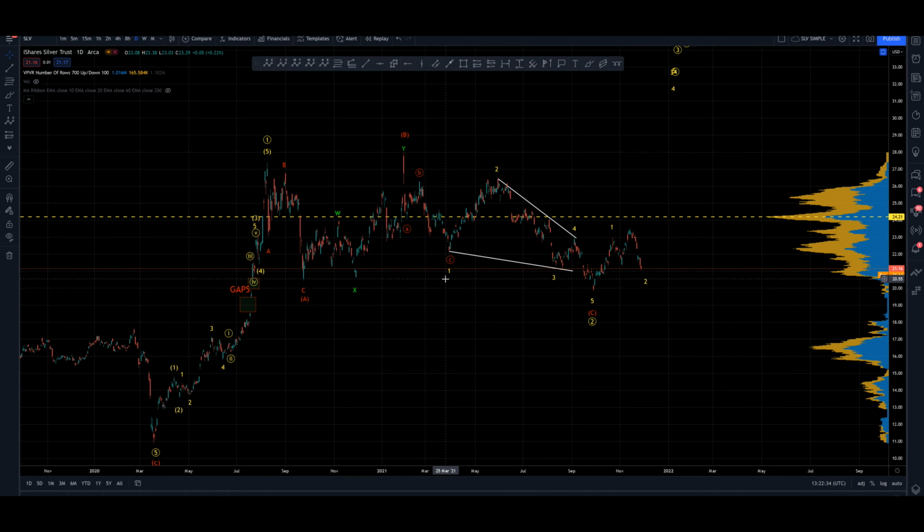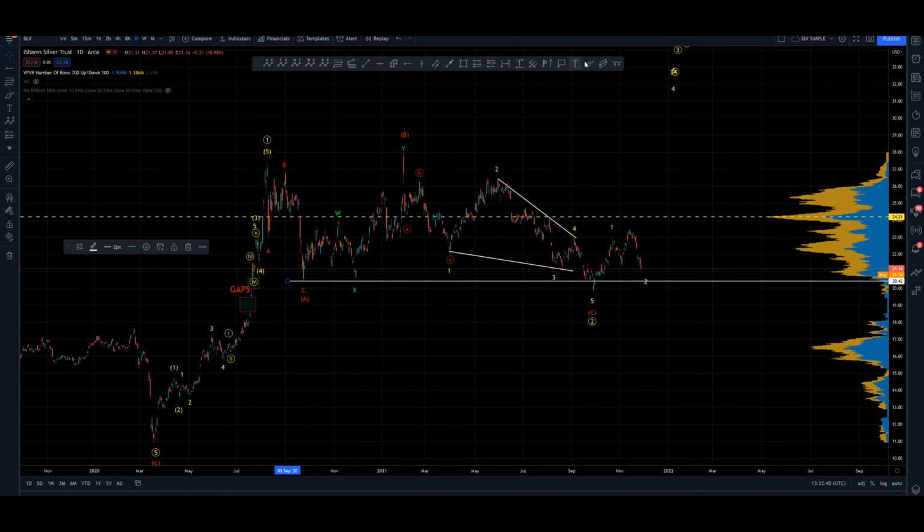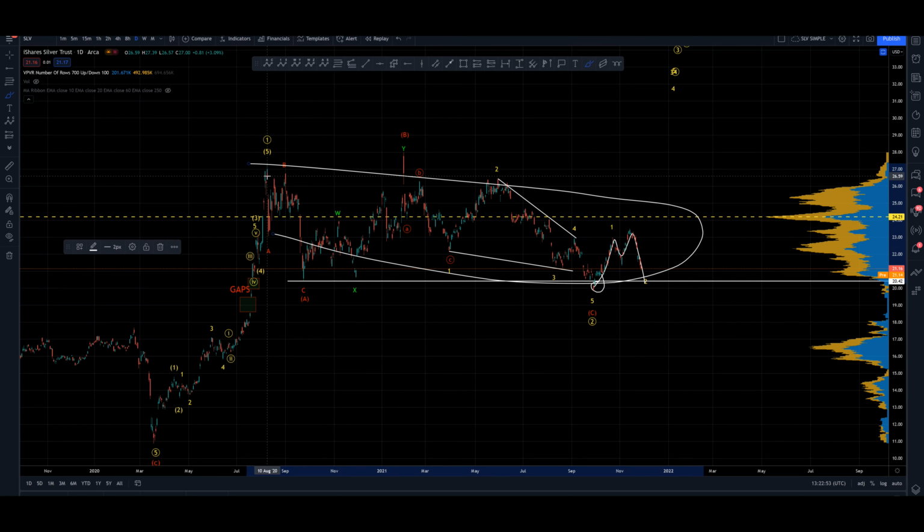You know, we did an awful lot of sideways chop just to break a dominant low by a few points, to swing back up and then to be swinging back down. So it's just a lot of sideways chop for a long time, since August 2020.